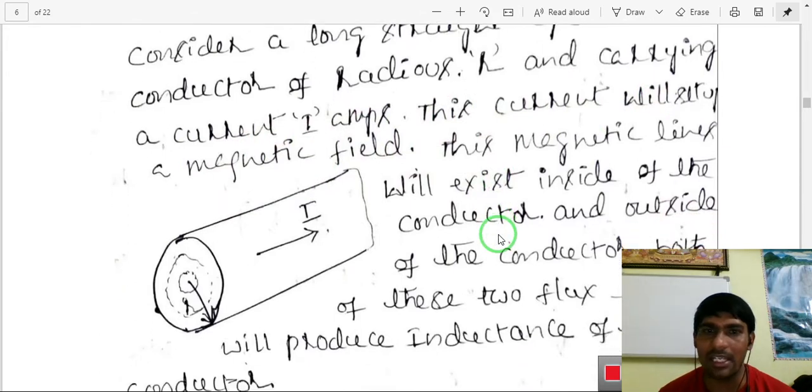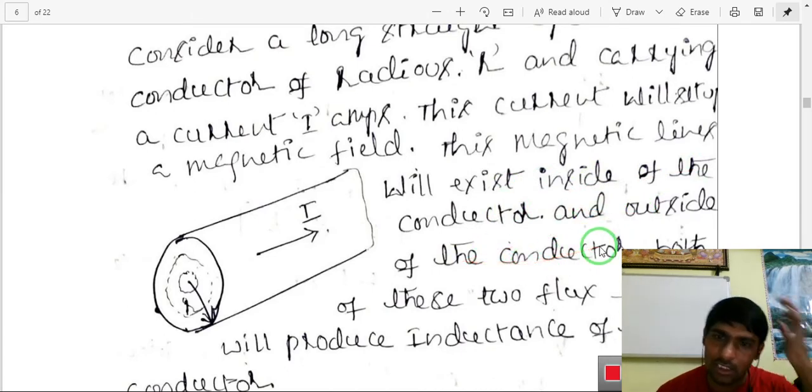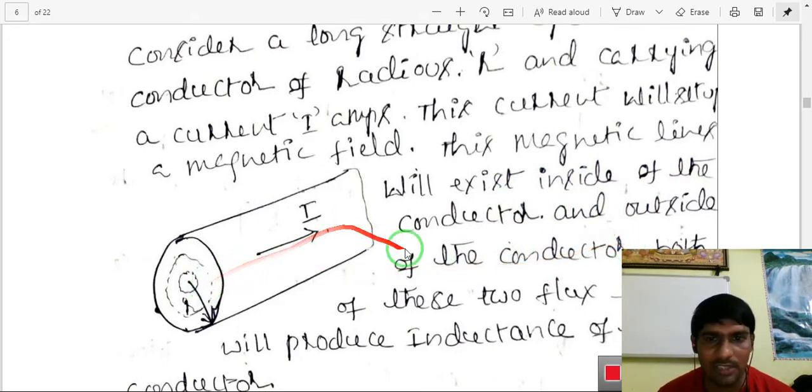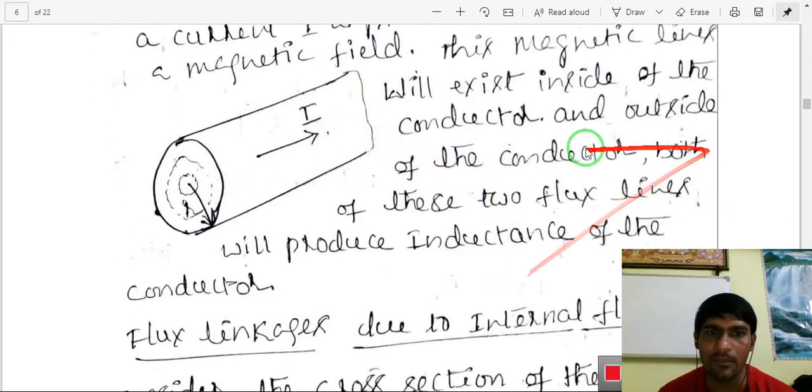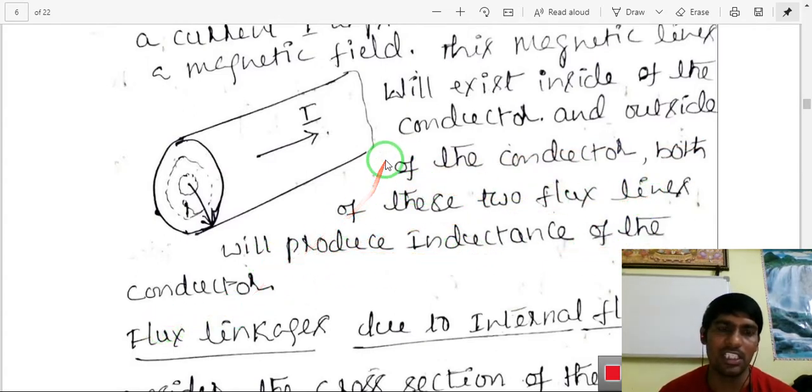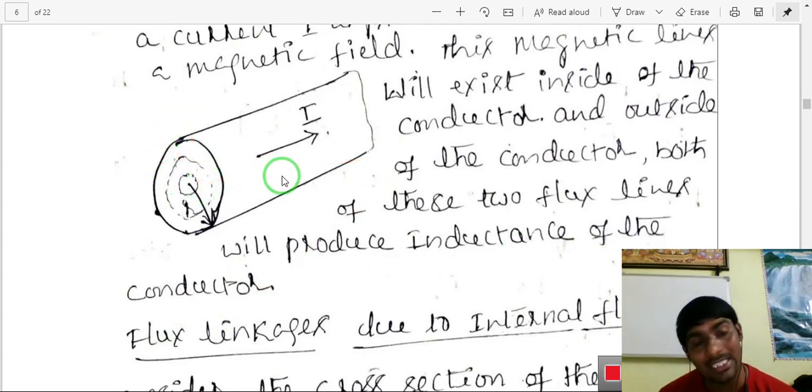These magnetic lines exist inside the conductor as well as outside the conductor. Both of these flux lines produce the inductance of the conductor.